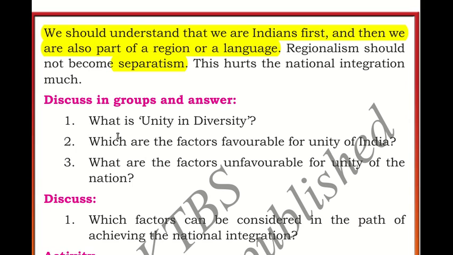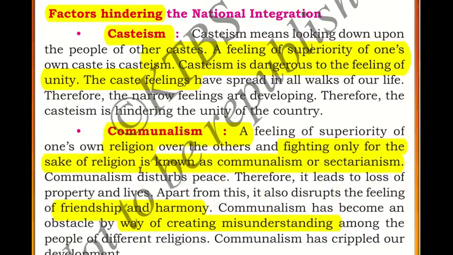Okay, students, so we have completed a very powerful lesson in civics, that is national symbols and national integration. Now, let us try to answer these questions. Firstly, what is unity in diversity? Let's go back and take a look.